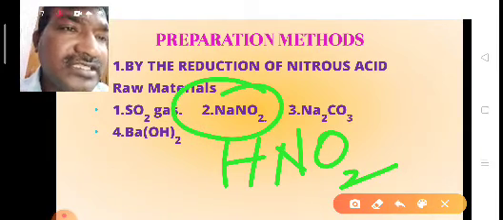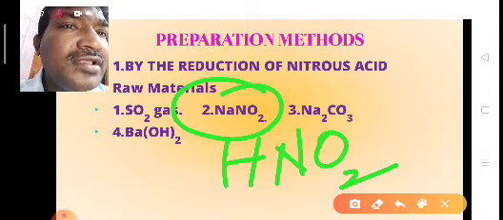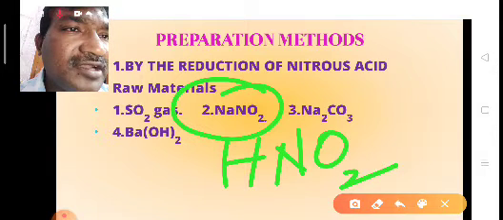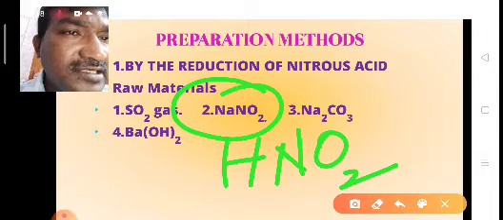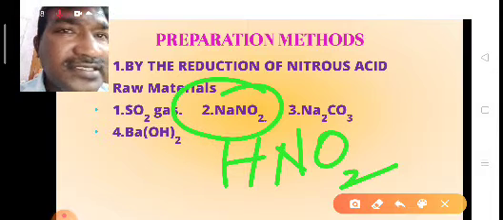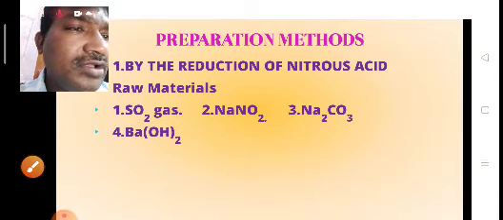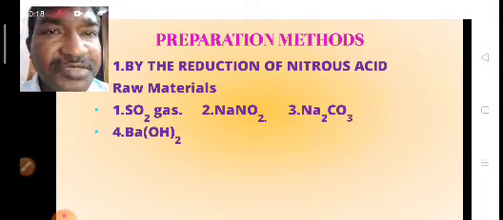So here this is the sodium nitrite salt. So even though the name is that by the reduction of nitrous acid, here we are not going to use the direct nitrous acid. We prepare the nitrous acid by using the sodium nitrite.